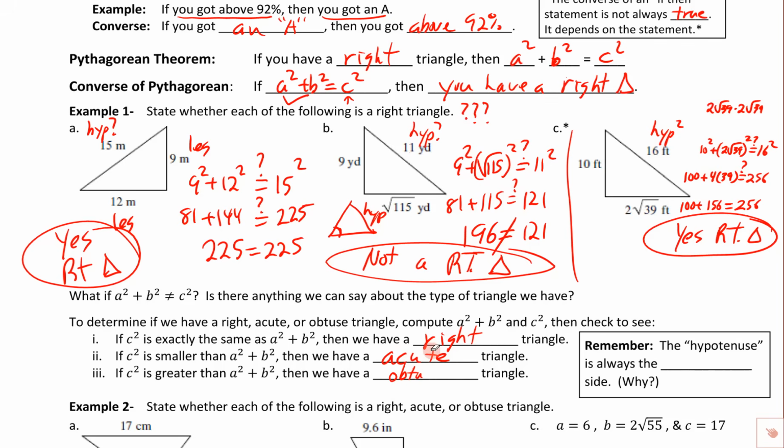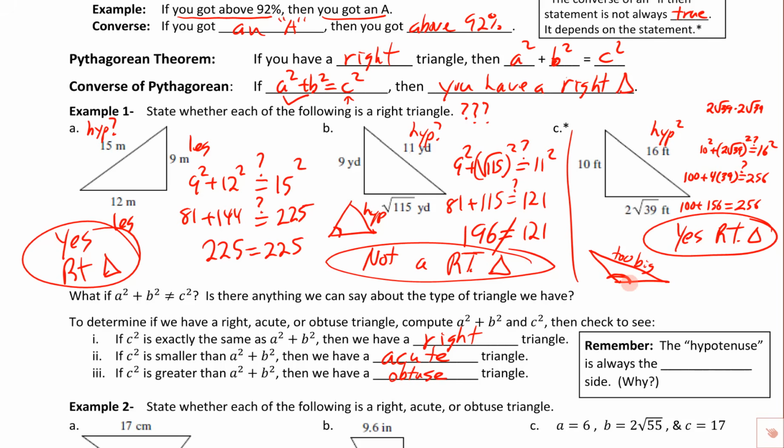And if we had an obtuse triangle, this is what happens here. So we've got our legs, and this ends up being too big. So if this ends up being too big for the two legs, then what it does is it stretches this out. It makes it bigger than a right triangle.